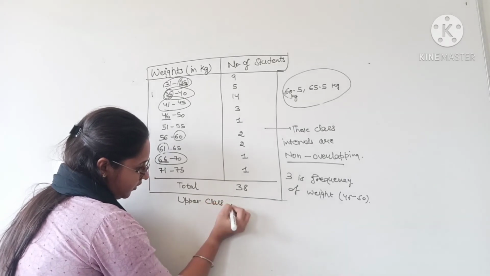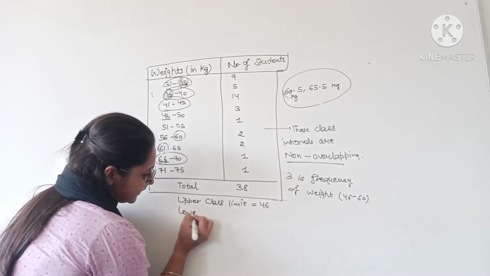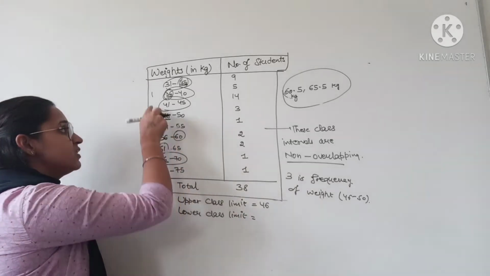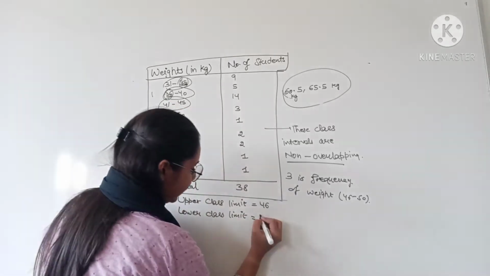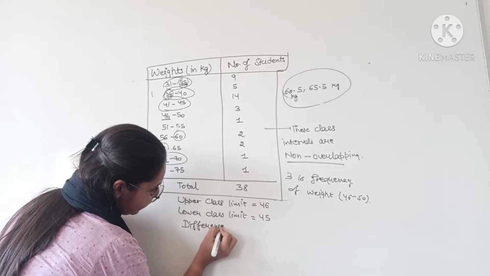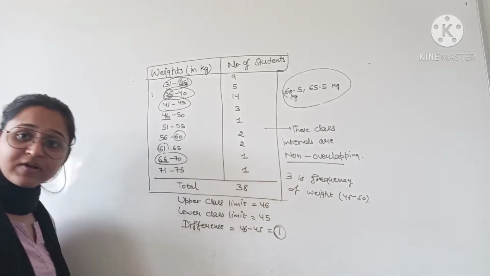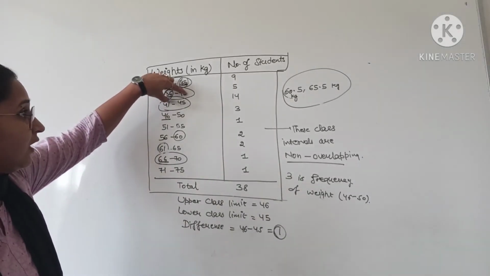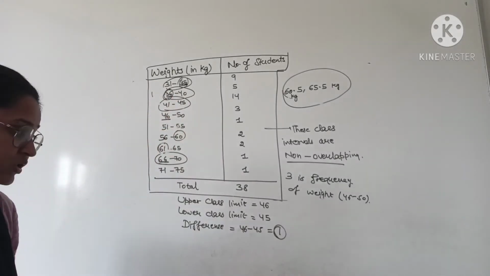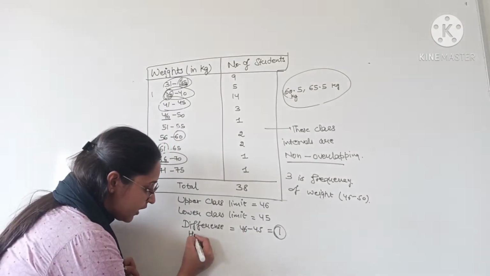Now, the lower class limit of the previous interval is 45. Now I have to calculate the difference, and the difference will be 46 minus 45, that is equal to 1. It means there is a gap of 1 between these two successive intervals. Now, I will divide this difference by 2. I will just halve the difference.